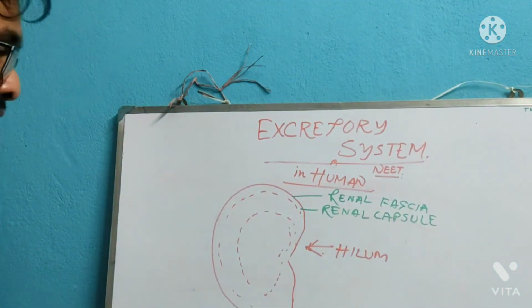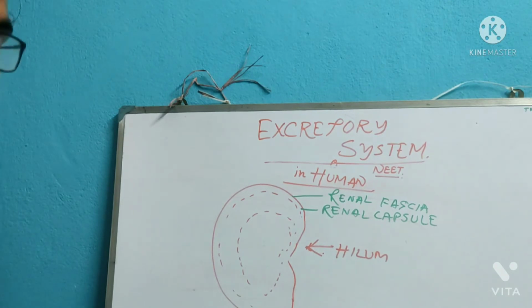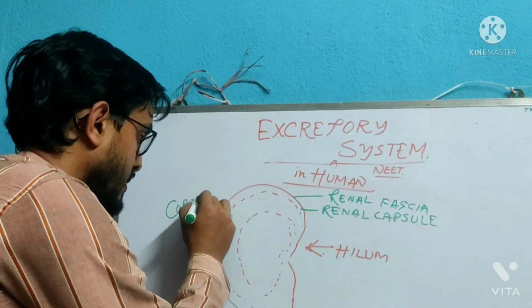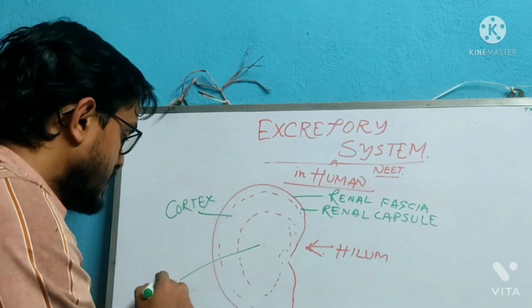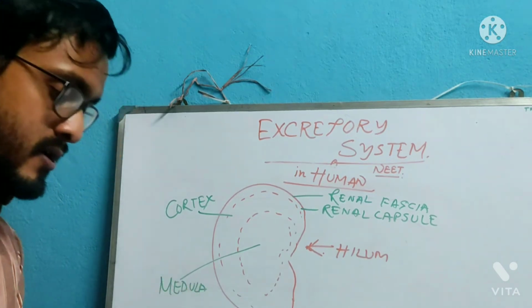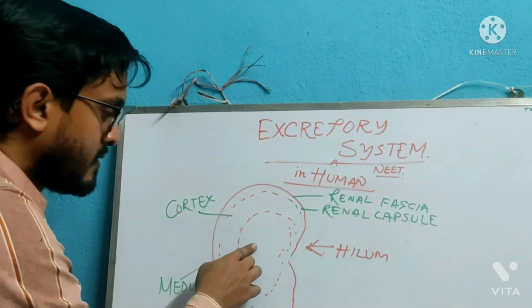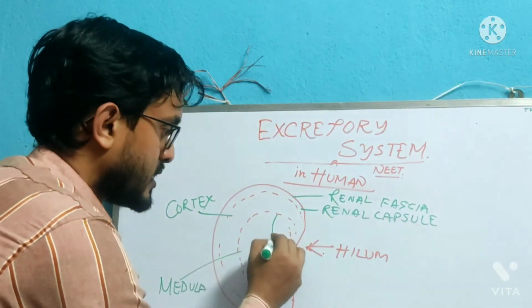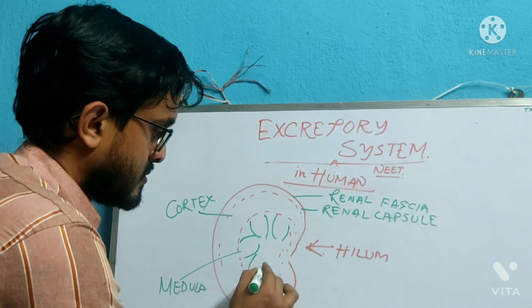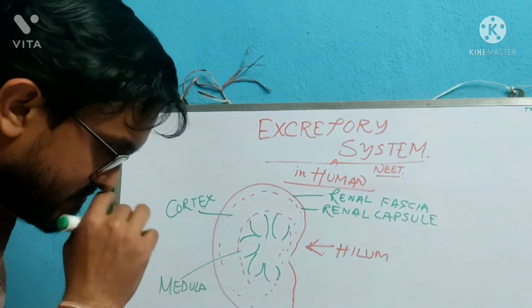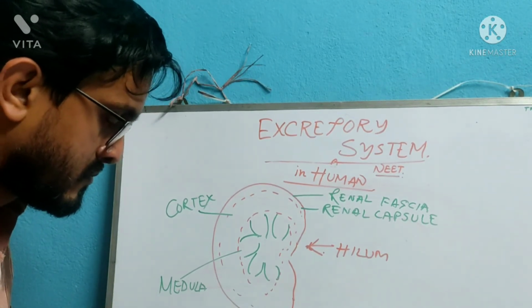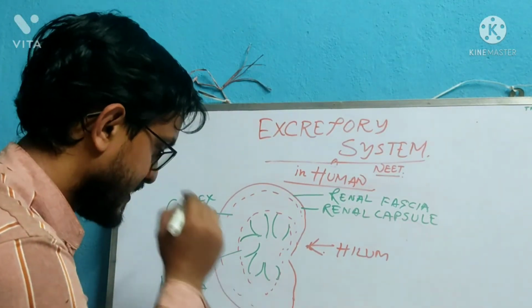In the inner part, the kidney has two parts. One is the outer cortex and the inner medulla. The inner medulla forms medullary ridges, which are known as renal pyramids.